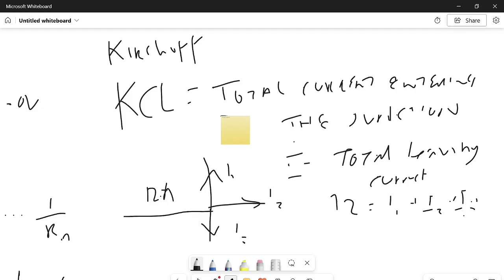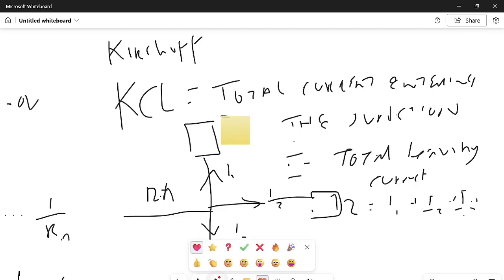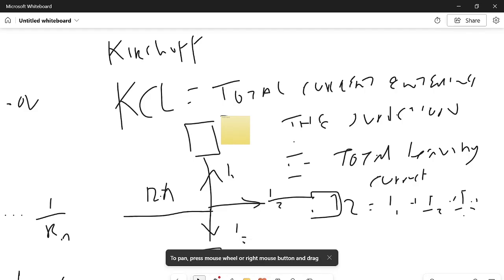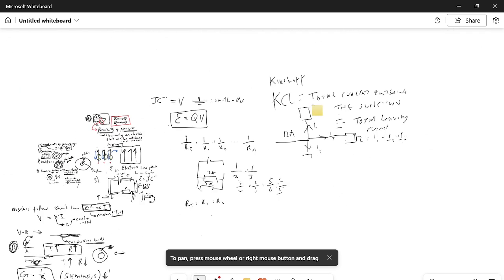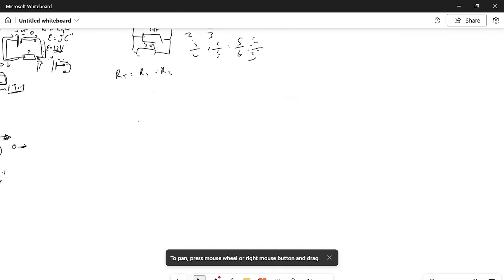It doesn't have to be shared equally. It depends on what the resistance in each wire is. It will be shared in the same ratio. And you know that from V equals IR. Basically, yeah. Alright, that's really messy. I hope you can read that, guys.